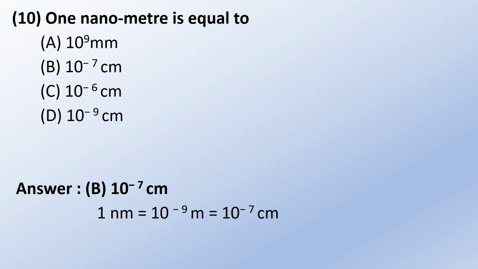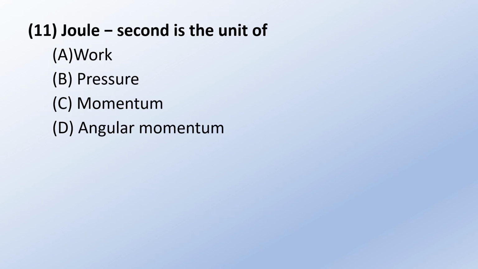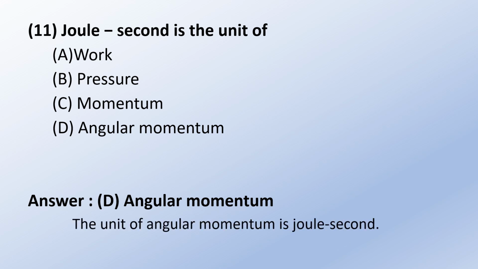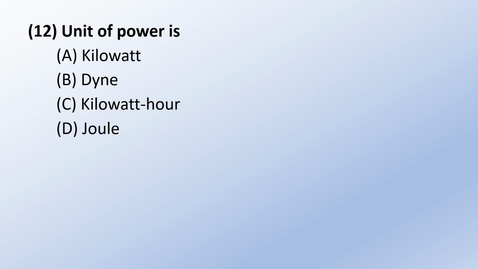1 nanometer is equal to 10 to the power minus 9 meter, which is equal to 10 to the power minus 7 centimeter. 11. Joule second is the unit of A. Work, B. Pressure, C. Momentum, D. Angular momentum. Answer: D. Angular momentum.